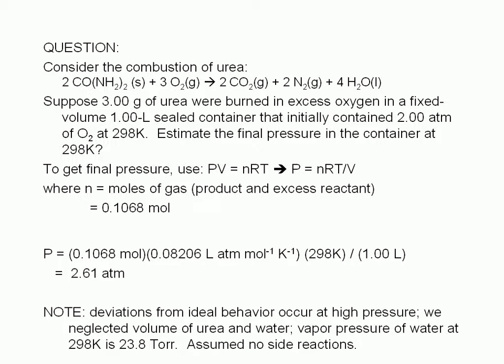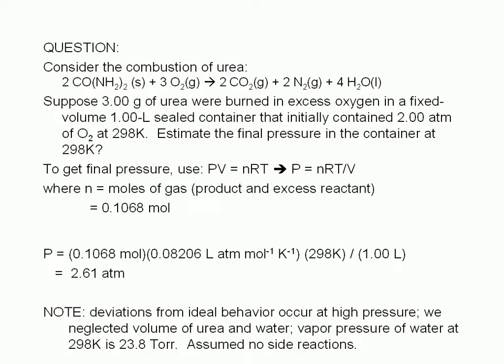This is generally a good assumption to make. This reaction produces about 0.01 moles of water, or 0.18 grams of water, which will have a volume of about 0.18 milliliters, much smaller than the total volume of 1 liter. We are neglecting the vapor pressure of water, which is about 23.8 torr at 298 Kelvin.